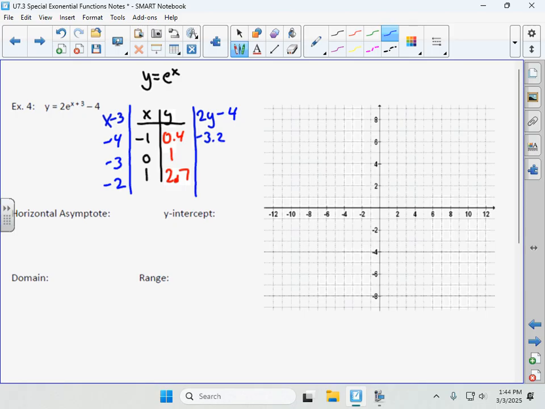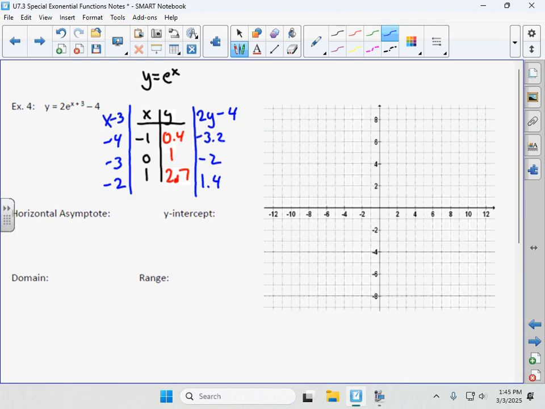Then plugging 1 in, 2 times 1 is 2, 2 minus 4 is -2. And then we'll plug 2.7 in. So 2 times 2.7 is 5.4, and then minus 4, so 1.4.